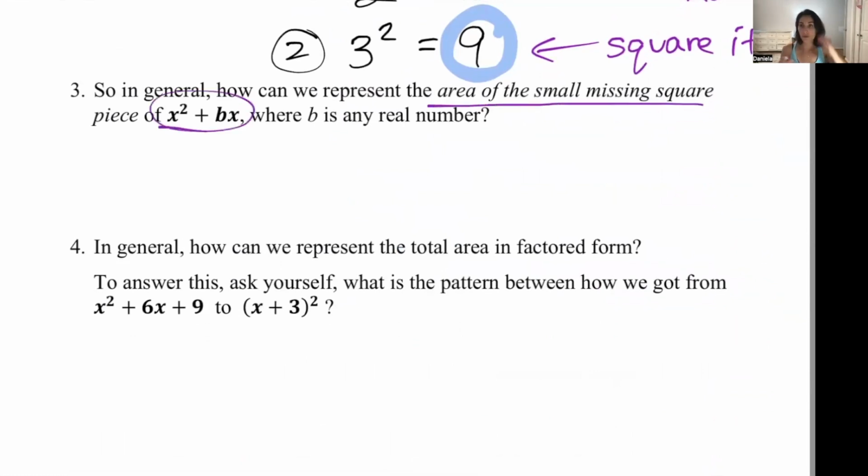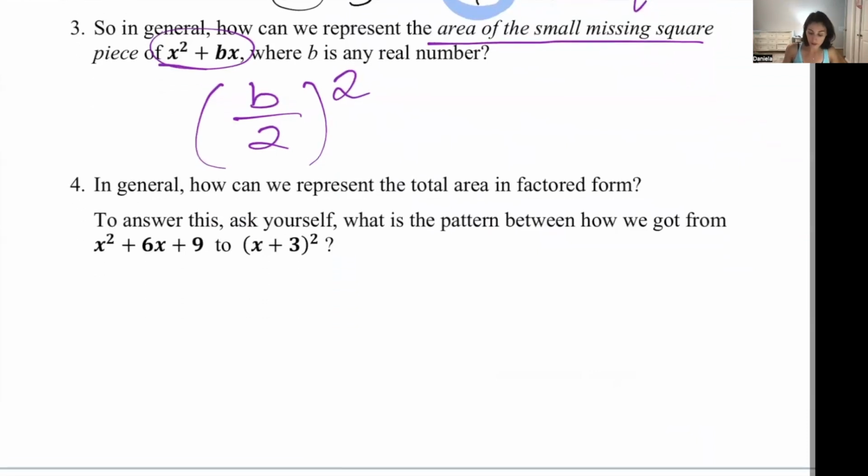So if we have in general x squared plus bx, what would be that area of the small missing piece? So just like we did in the previous example, in general, you take b, you cut it in half, and then you take that answer and you square it. So this will always, in general, be the area of that small missing square that we have to complete in order to make that big square, okay?